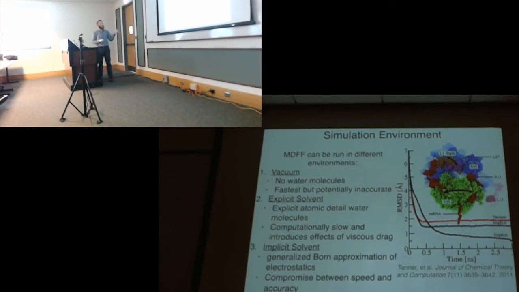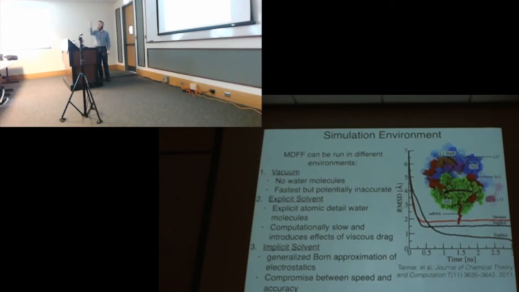So what we can do is, like you would have in a normal MD simulation, you can put in water explicitly. Of course, now you're simulating all those extra solvent molecules, and on top of having to simulate all of them, you have an effect of viscous drag on your system. So you can imagine if you have a piece of your structure that needs to move through the environment to get into a piece of the density that it needs to fit, it needs to push all those water molecules away.